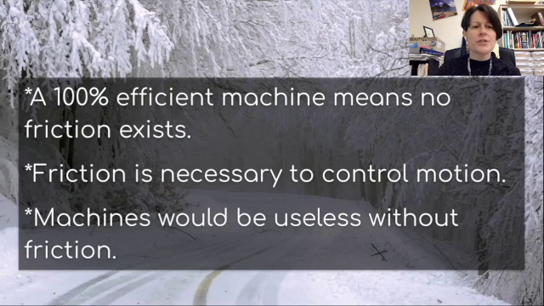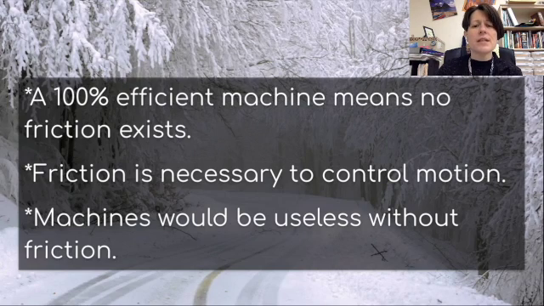So the reason engineers do this is because a 100% efficient machine means no friction exists, kind of like this snowy, icy road. If this is going uphill, it's very much like a ramp. And just think, when you're on an icy ramp, you slip and fall. It's not doing you any good. You need the friction to be able to, in a sense, stick to the ramp and go up it.